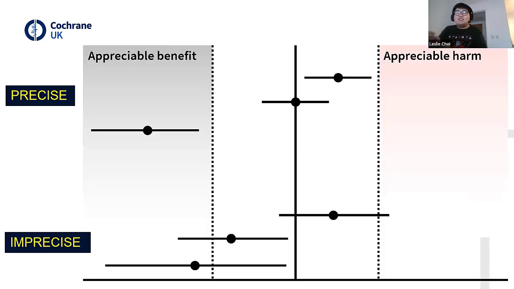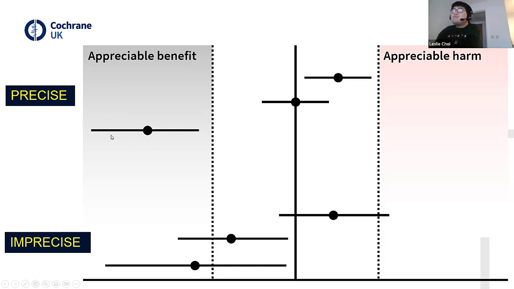This is just a figure to illustrate what we mean when we're talking about clinically important effects. We have appreciable benefits and appreciable harms, which are defined hopefully a priori in your review, either by study authors, review authors, or by a guideline development group. These will be certain thresholds, and we can take that into account when we look at the confidence intervals to see whether they cross that threshold or not.